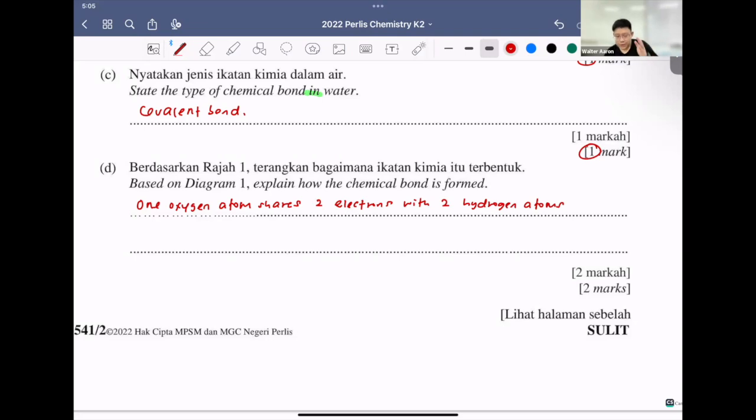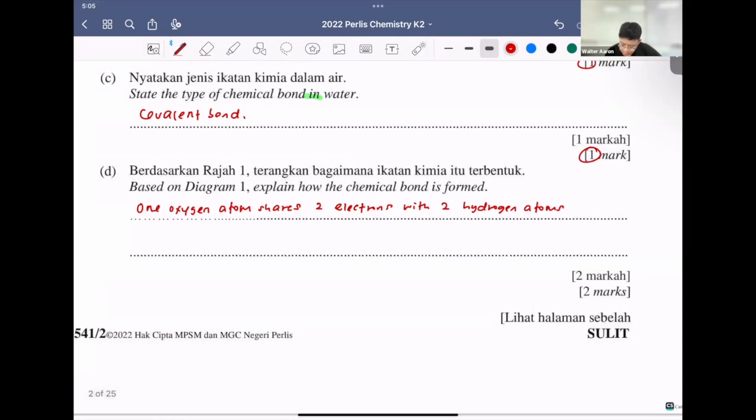This is referring to 1 electron each. And then you say that the 2 hydrogen atoms will also share 1 electron each with the 1 oxygen atom.